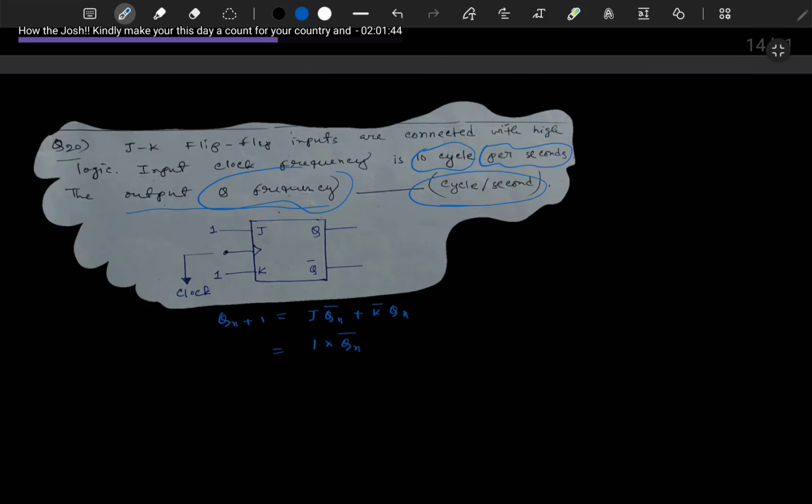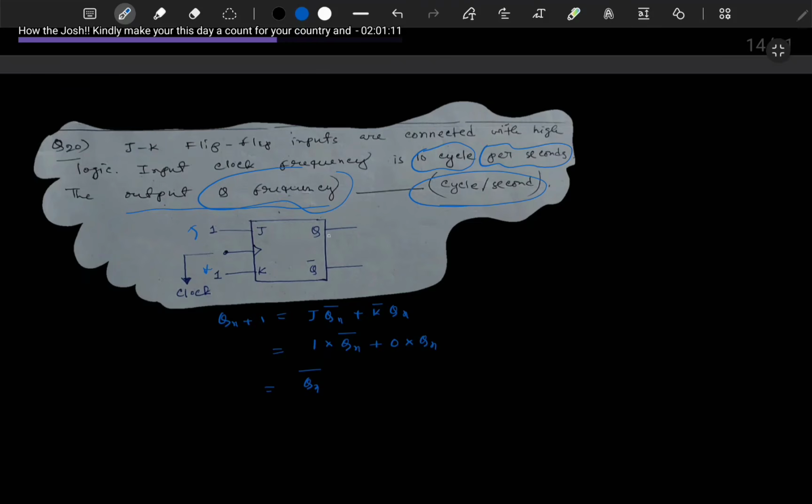J into Qn bar plus K bar Qn equals Qn bar. Here you can see, J and K, this is J and this is K. So all are 1, so 1 bar is 0.